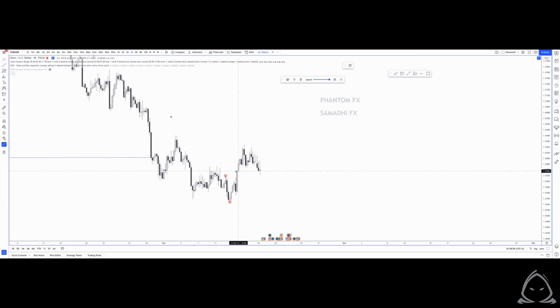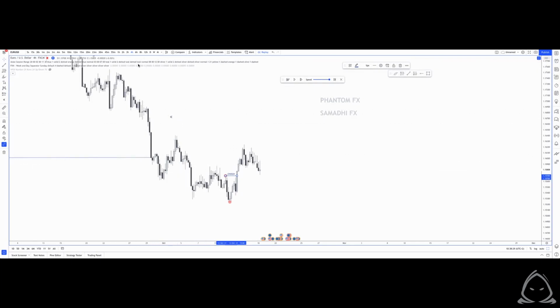So it means that up there we had our change of character, which confirms our idea to see the price pushing higher, to see a long opportunity from an intraday perspective.